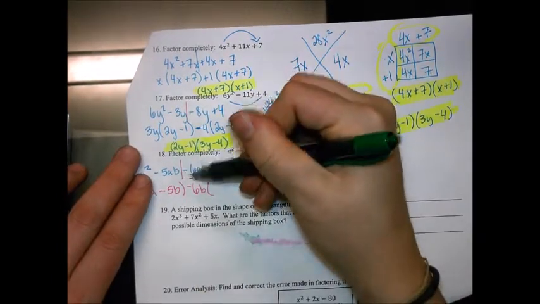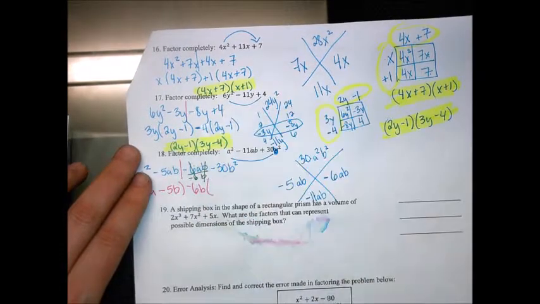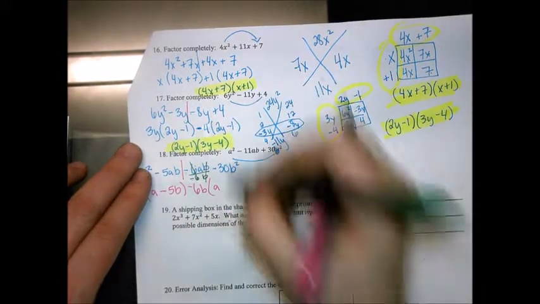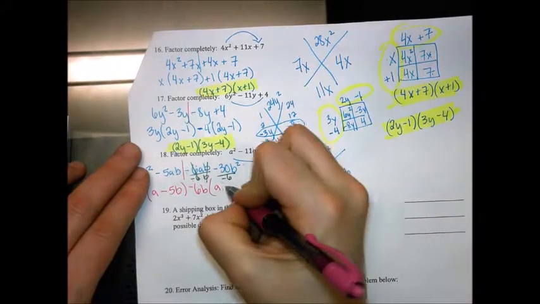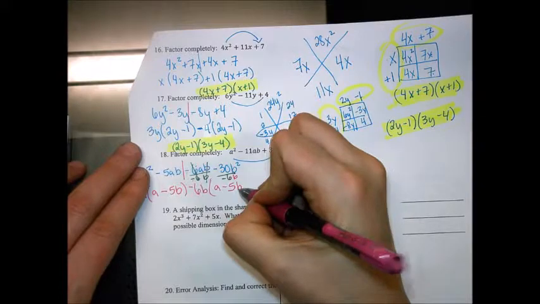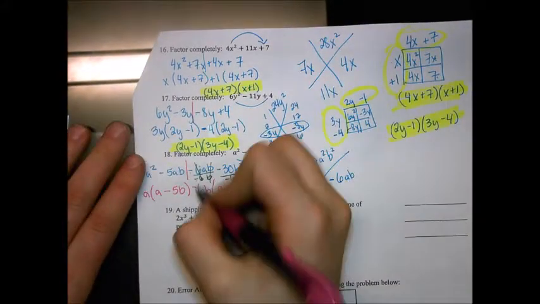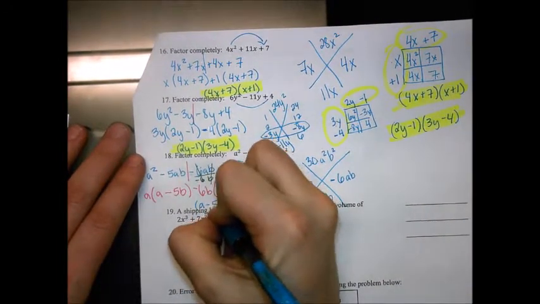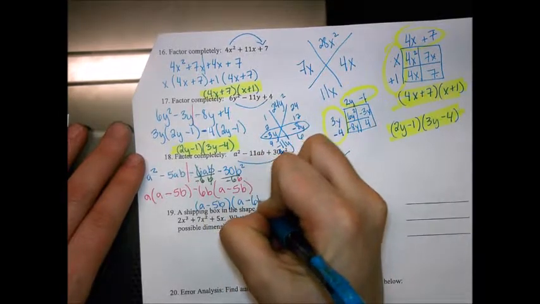Negative 6 divided by negative 6 is 1. b divided by b cancels, and I only have an a left over. Negative 30 divided by negative 6 is negative 5. And b squared divided by b is b. Does my a minus 5b match? It does. So my answer here is a minus 5b times a minus 6b.